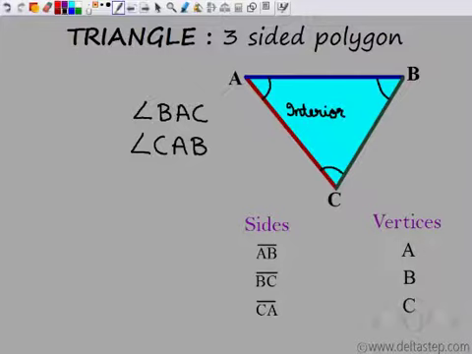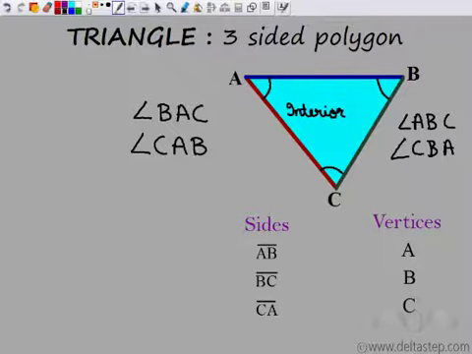So you can change the order of the other two, but the alphabet in the center should be the vertex where the angle is formed. Similarly, for this angle, B should be in the center, and AC in any order. So angle ABC or angle CBA. Similarly, for angle C you can write angle ACB or BCA.